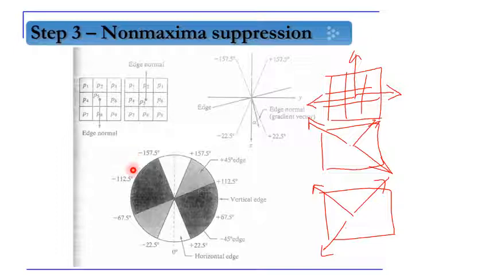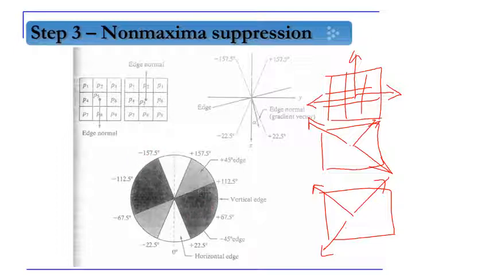Similarly, if the alpha is between minus 112.5 and minus 67.5, on this side plus 112.5 and plus 67.5, then it will represent the vertical edge, and similarly for this one it will represent the minus 45 degrees edge.